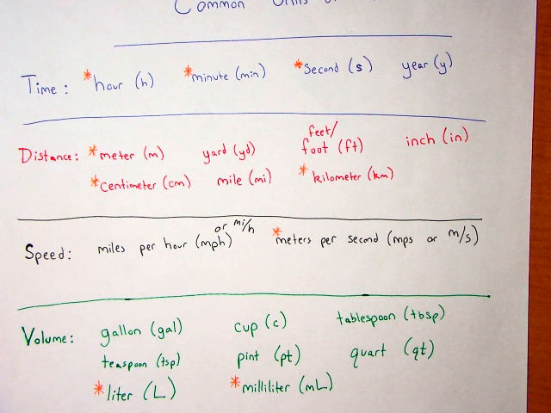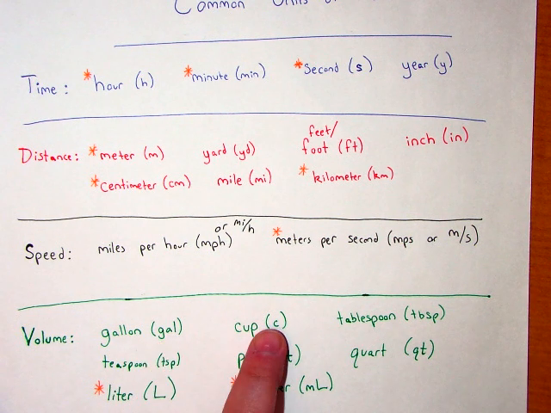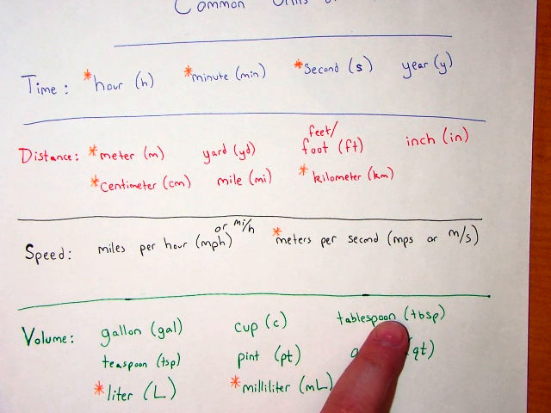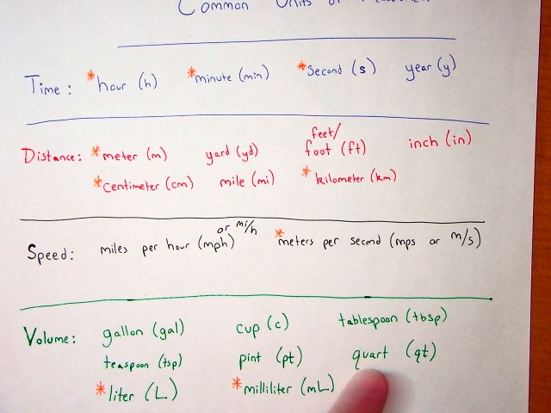And finally we come to volume. With volume, this is where things get really crazy, especially in the United States, because we have so many different ways to measure volume. We have the gallon, gal, cup, c, tablespoon, tbsp, teaspoon, tsp, pint, pt, quart, qt.